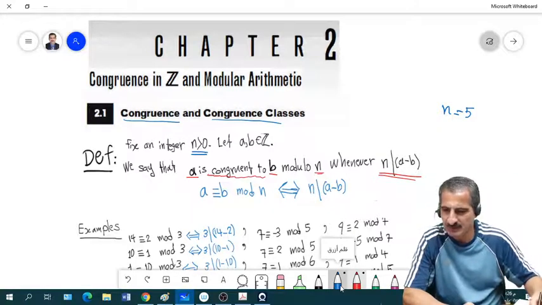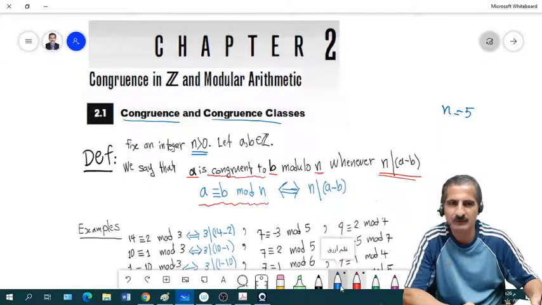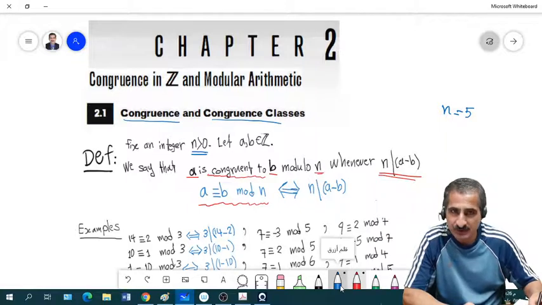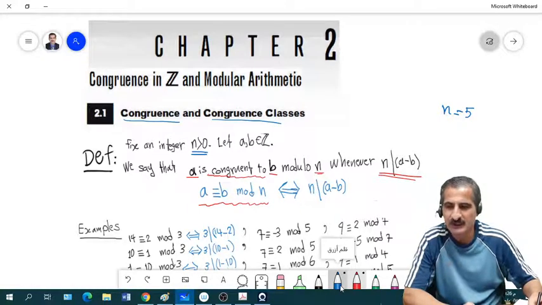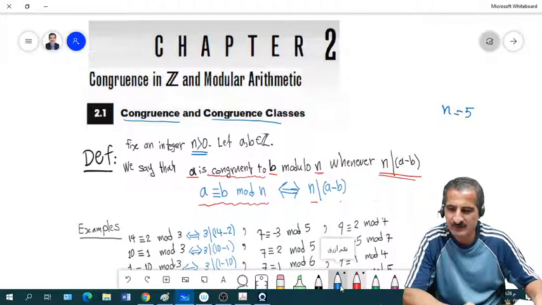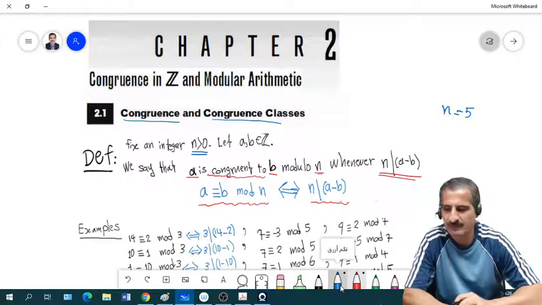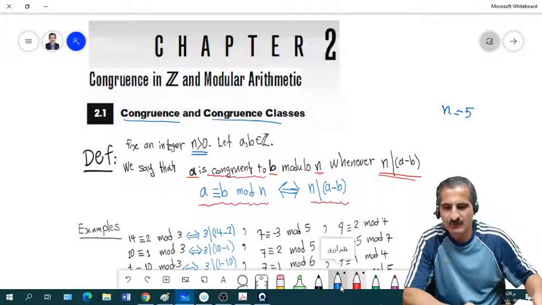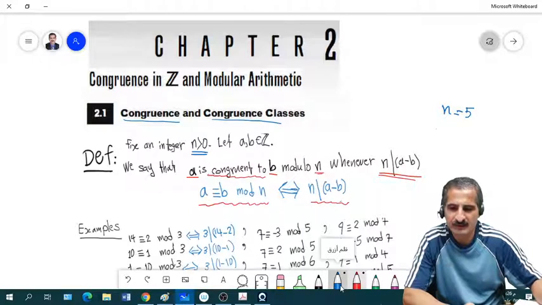So in particular, we will say a is congruent to b modulo n, and this happens whenever n divides a minus b. So if we fix n equals 5 here, then we will find that 7 is congruent to 2 modulo 5.